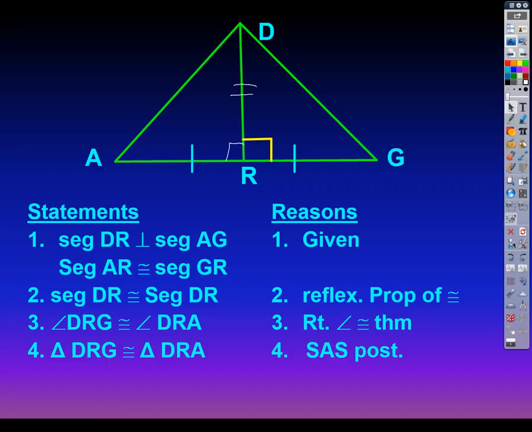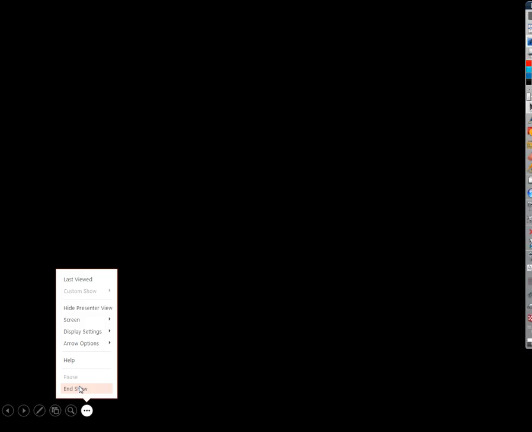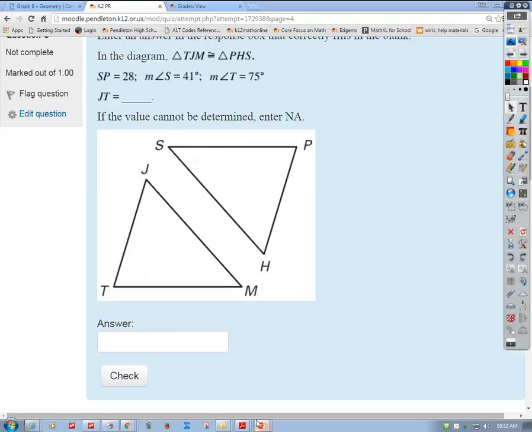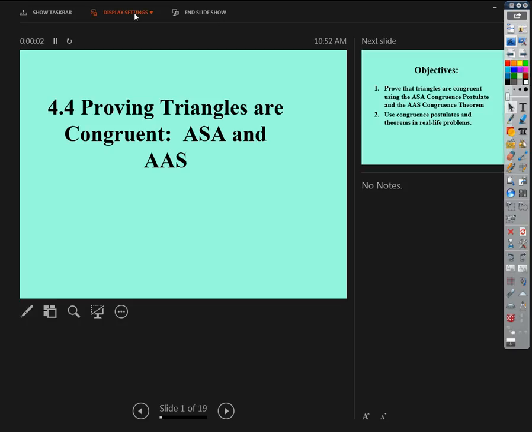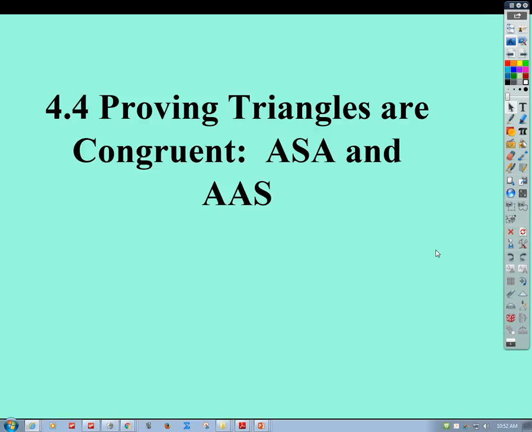Okay. So there's 2 of them. We got side, side, side, and side angle side. Now there's two more that go with them. Okay, we get two more.